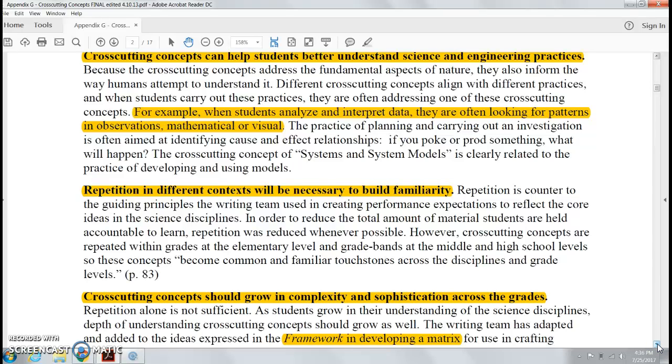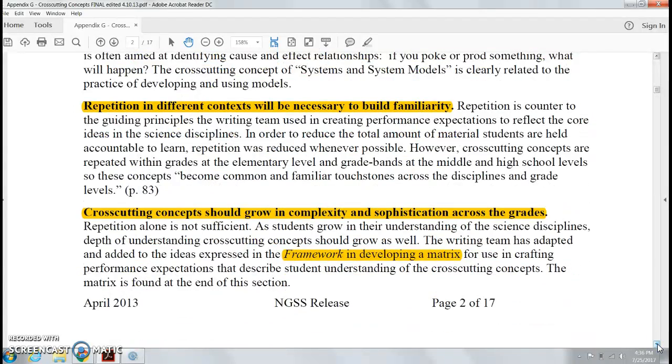So they might be looking for patterns by looking at graphical data, or they might be looking for patterns by looking at mathematical data. So there will be some repetition, and the good thing about that as well is that although they are repeating the use of the cross-cutting concepts, they grow in complexity and sophistication across the grades.